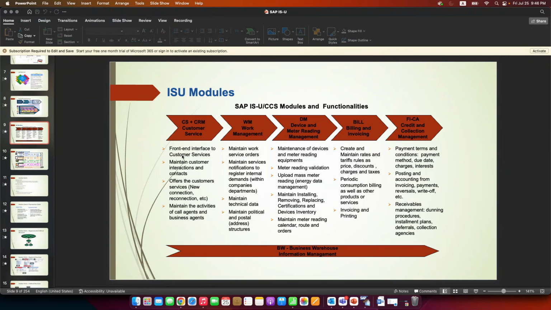As I already mentioned many times, all the business processes are broadly categorized into three categories: customer self-service, customer agent or a call center or a front office, and the third one is called back office.